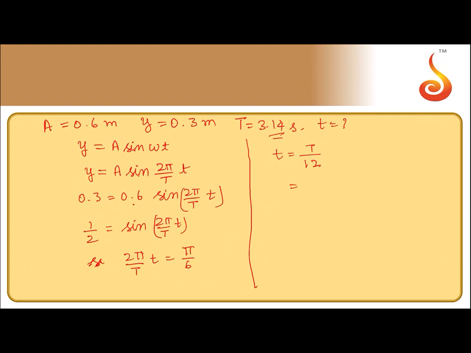So capital T is given 3.14 seconds. So it is 3.14 divided by 12, that is 0.26 seconds. So this is your option D.